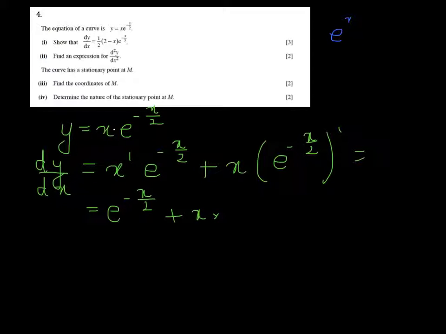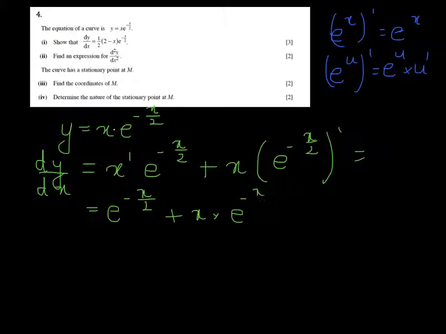Remember the derivative of e to the power of x is e to the power of x. So the derivative of e to the power of u, composite function, is e to the power of u times the derivative of u. So I got here e to the power of minus x over 2 times the derivative of minus x over 2. See, I'm not differentiating twice.